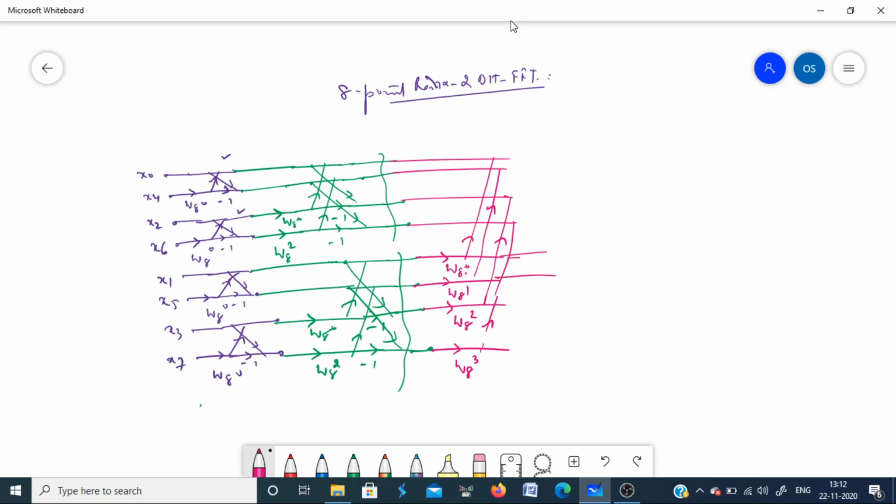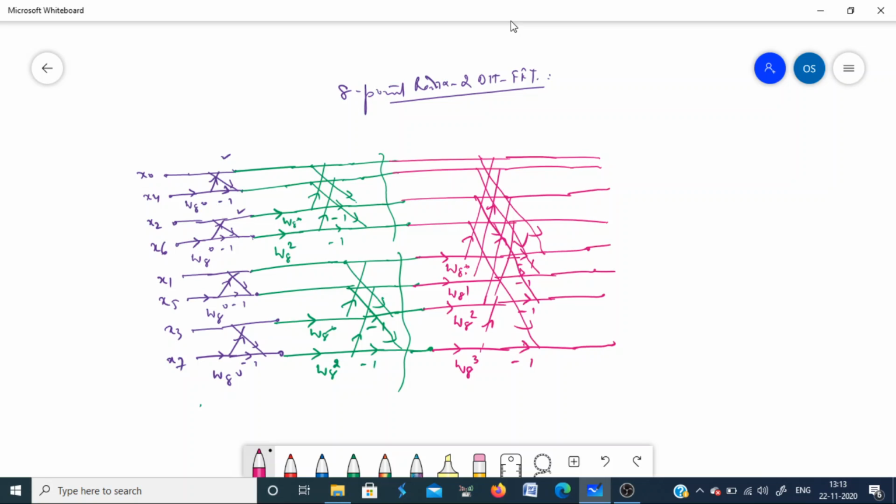Okay, and then multiply with -1, -1, -1, -1, and add this with this, this with this, you'll get the next 4 points. Okay, this is how you get the DFT.